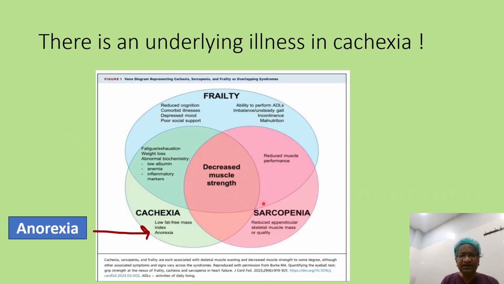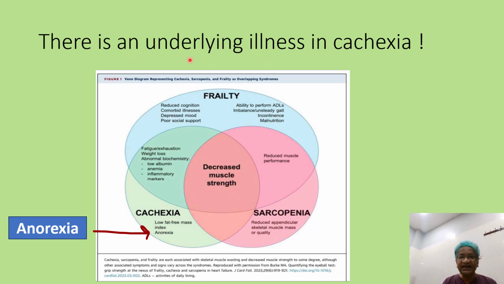Now, there is an intermingling of sarcopenia, cachexia, and frailty. So, reduced comorbid illness, this is what we know. But what is important is that cachexia is anorexia with some different underlying illness. Cachexia will have malignancy, so mostly they call it malignant cachexia. Anorexia is very important there, but in frailty, anorexia is not important.